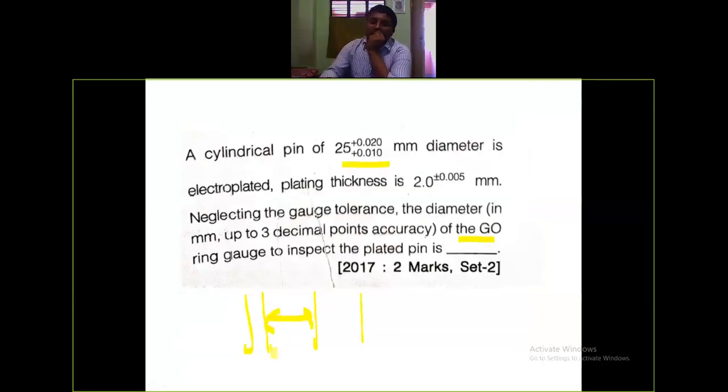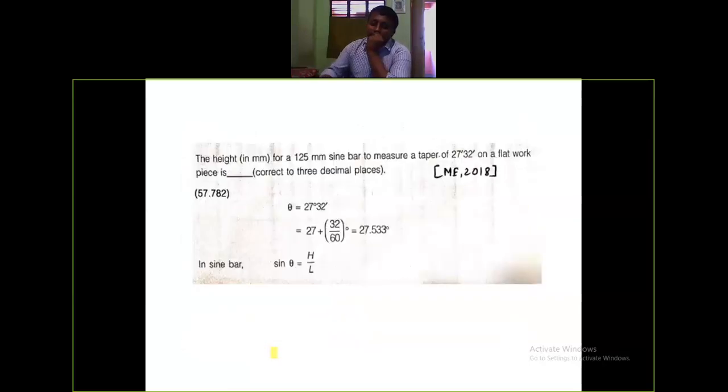Again in this question no option is given, you have to put the value.